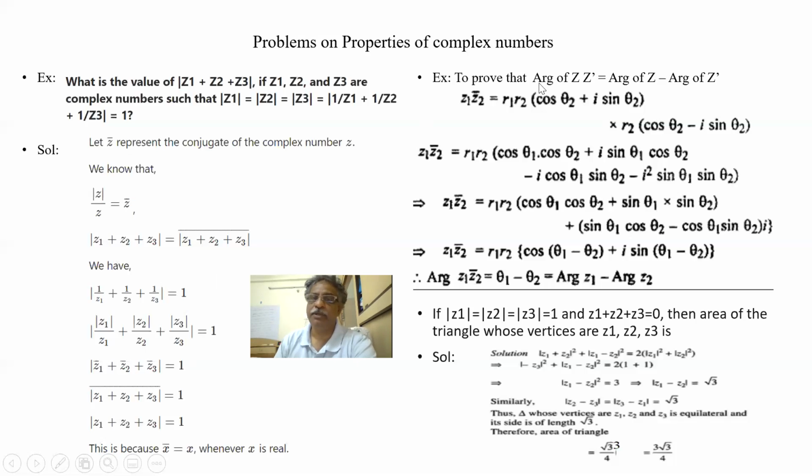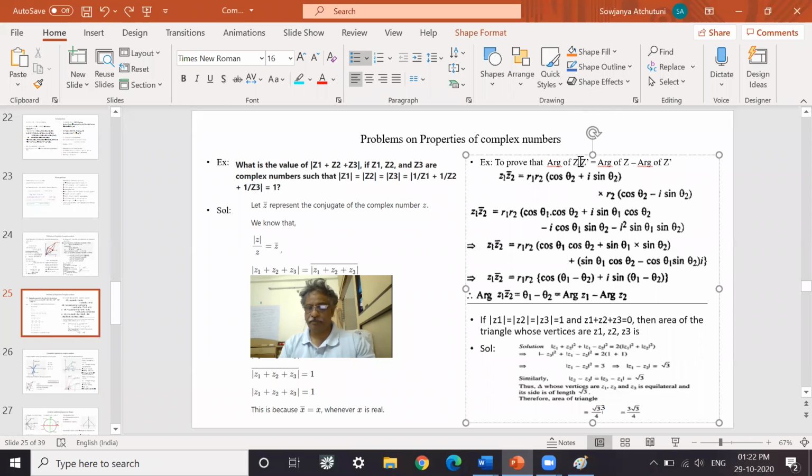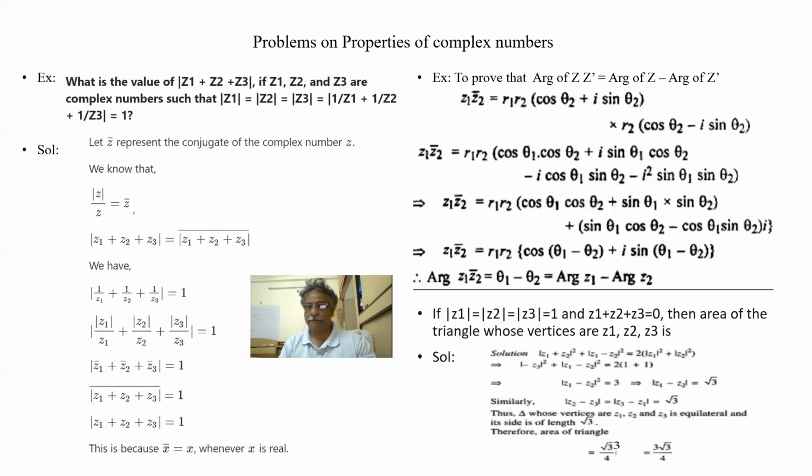Now let us see here. Prove that arg of Z1 by Z2 is equal to arg Z1 minus arg Z2. Arg of Z1 by Z2 bar. See, arg of Z1 into Z2 bar is equal to arg of Z1 minus arg of Z2.